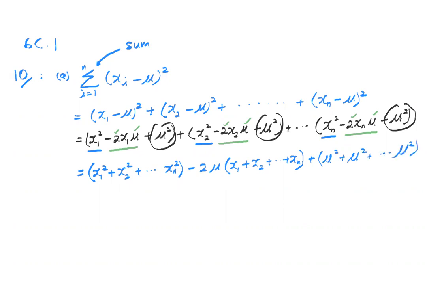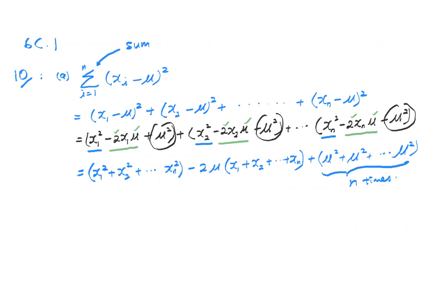How many mu squared are there? N. So I will write n times mu squared. Correct? Okay, so now we simplify.